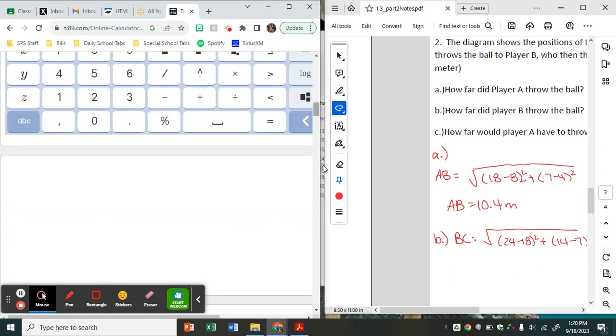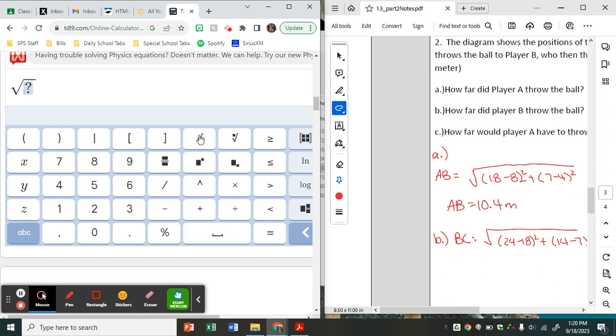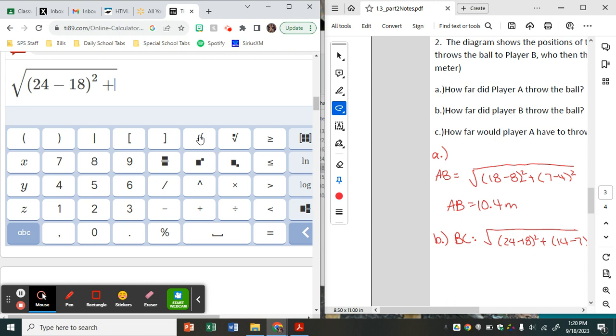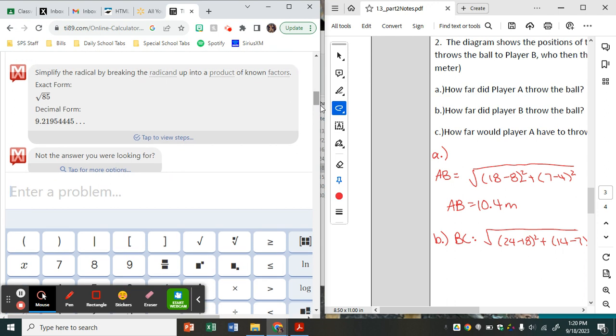I'll scroll down, and then I'm going to type in my radical, and then 24 minus 18 squared plus 14 minus 7 squared. My answer here in my decimal form would be 9.2, rounded to the nearest tenth.